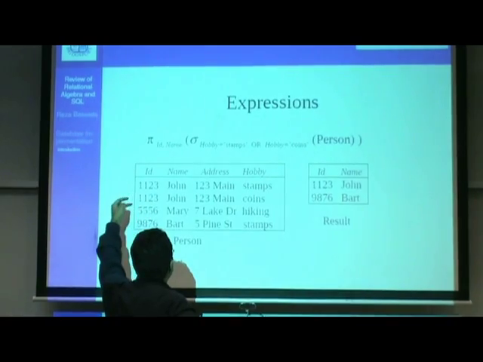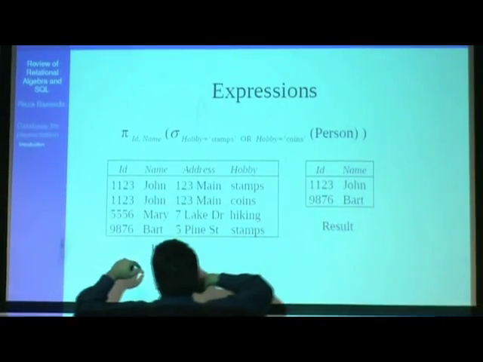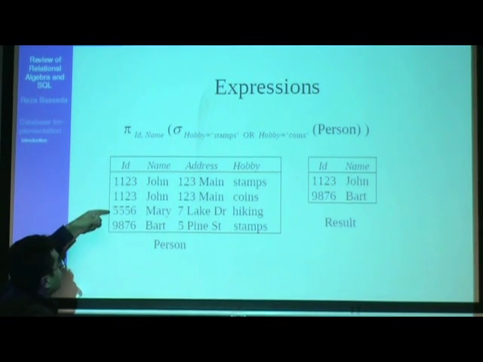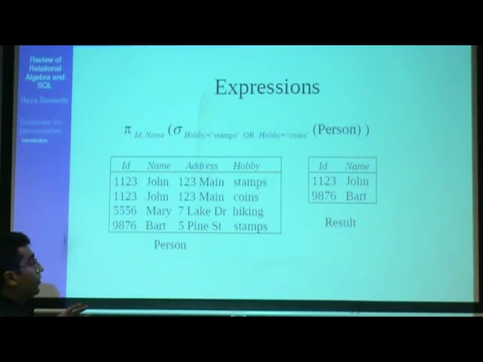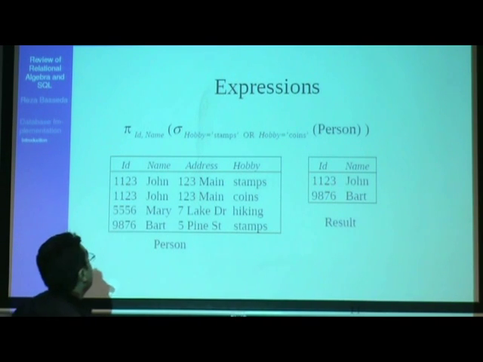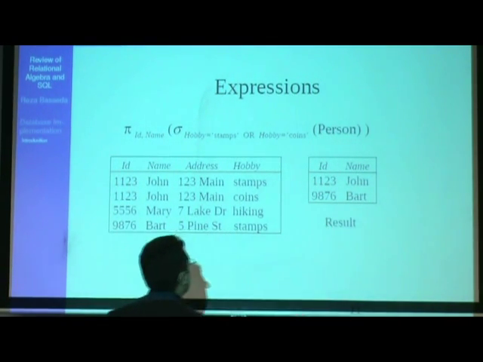Then, based on what we have inside the parentheses, we will select these three rows. After that we will project the two columns, ID and name, and the result will be this one.